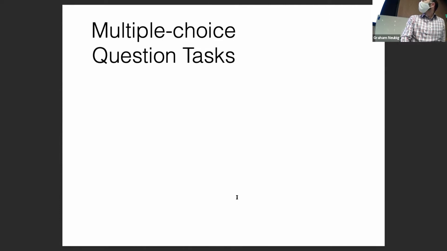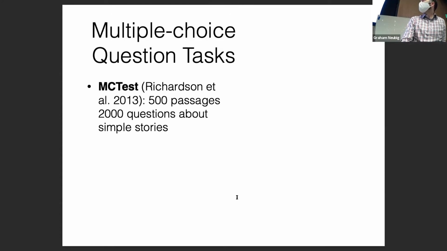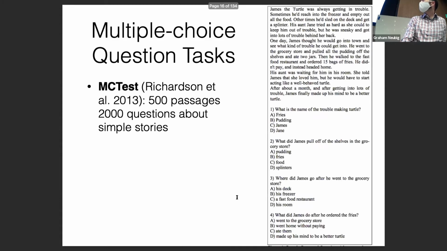Multiple choice QA is basically where we're given multiple answers and we need to pick which one of them is correct. To give an example, we have MCTest, with 500 passages and 2,000 questions about simple stories that look like this. We have James the turtle was always getting in trouble, and so on.